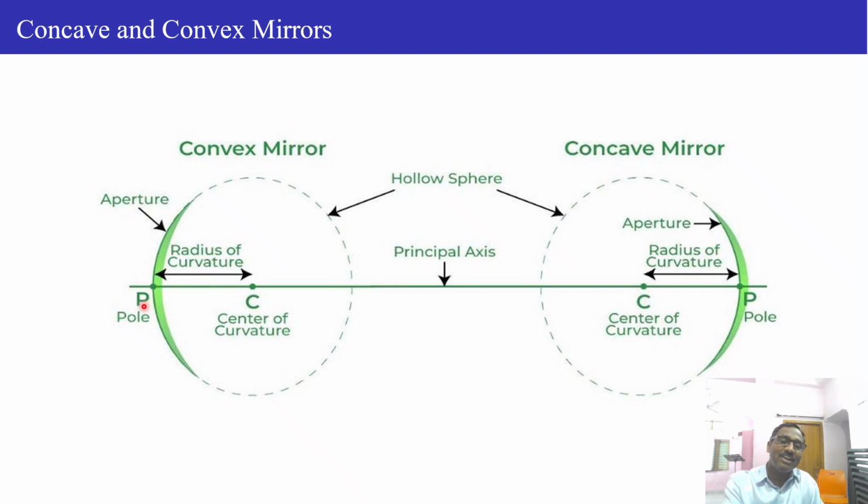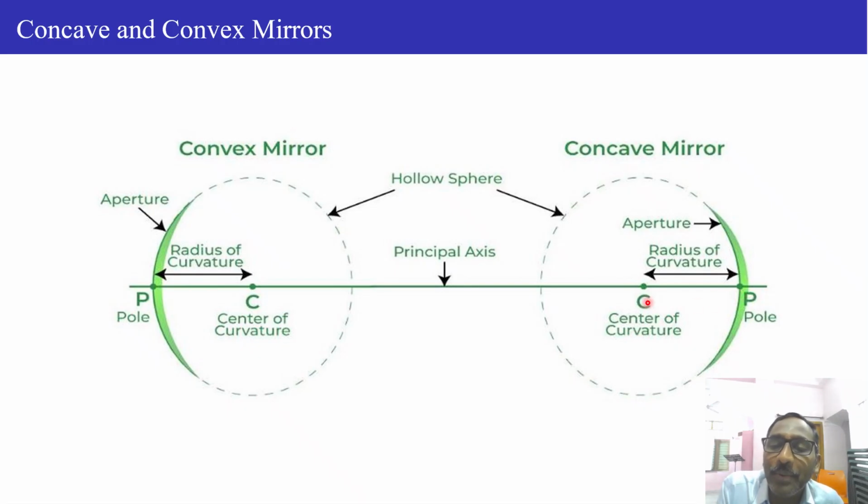But here, on the back side of the mirror, you have the center of curvature. In front of the mirror, that is, in front of the reflecting surface. This is the reflecting surface. Here, on the back side of this mirror, you have the center of curvature. But here, in front of the mirror, you have the center of curvature.